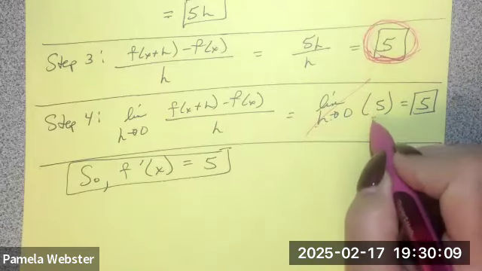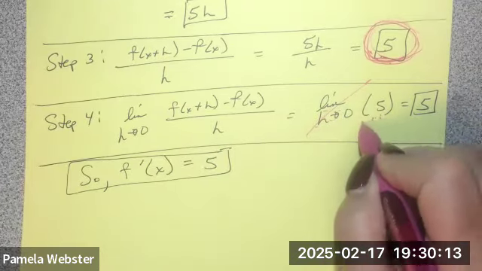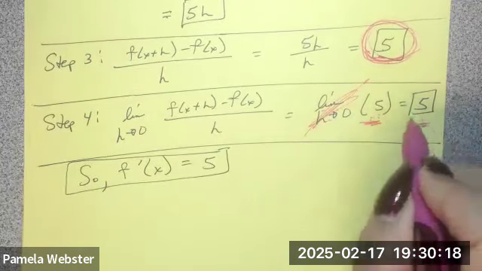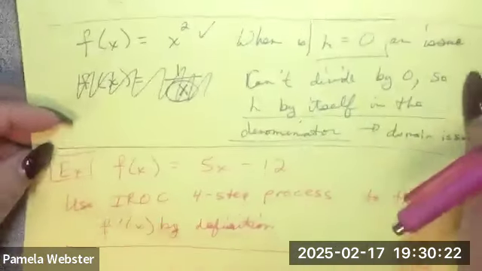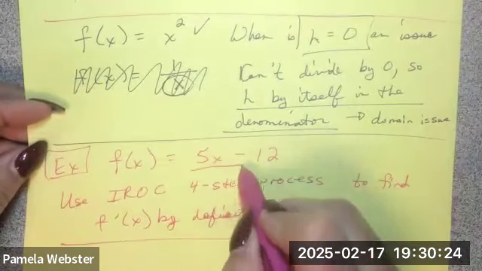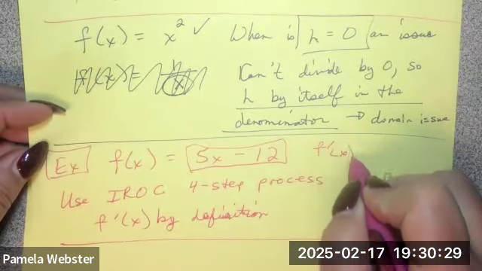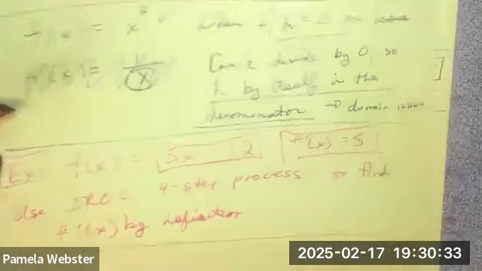I need to put a 0 anywhere I see an h, but I don't see an h, right? So that just goes away and we just have a 5. So the derivative of this original function, which was 5x minus 12, f prime of x, was just a 5. Okay, we got our answer.